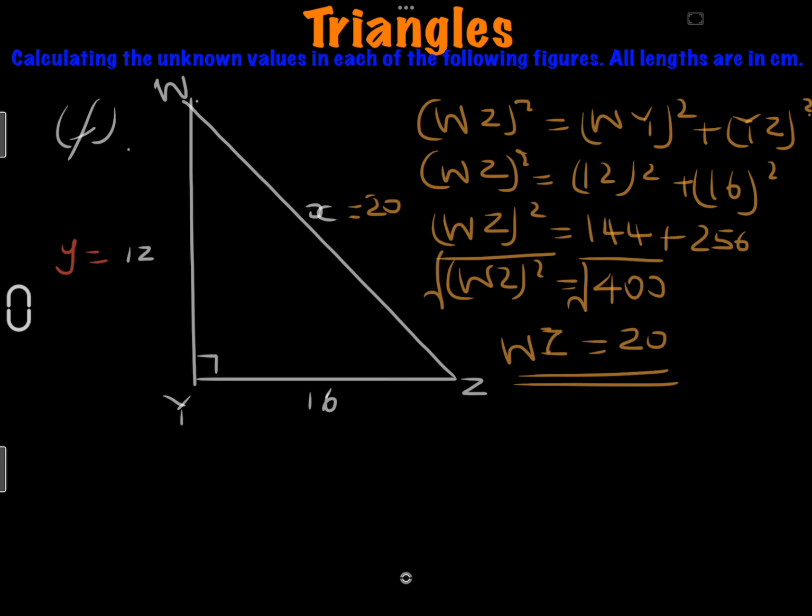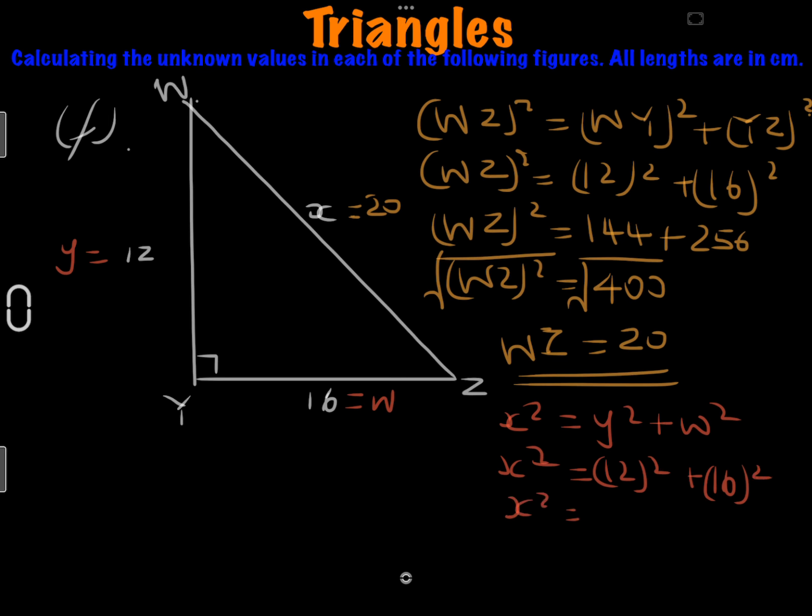We can call this side w, because it's opposite angle w. We could have simply said x squared is equal to y squared plus w squared. Same thing. By substitution, x squared is equal to 12 squared plus 16 squared.